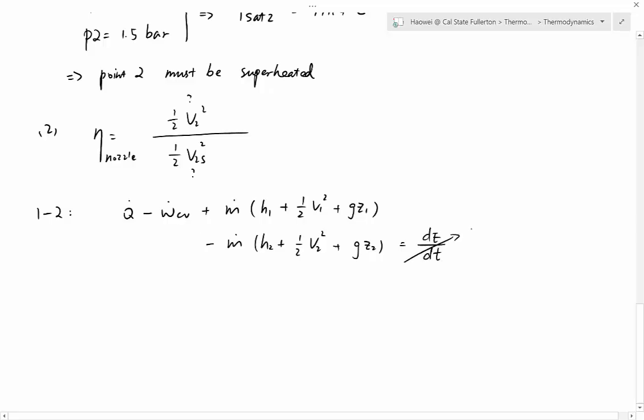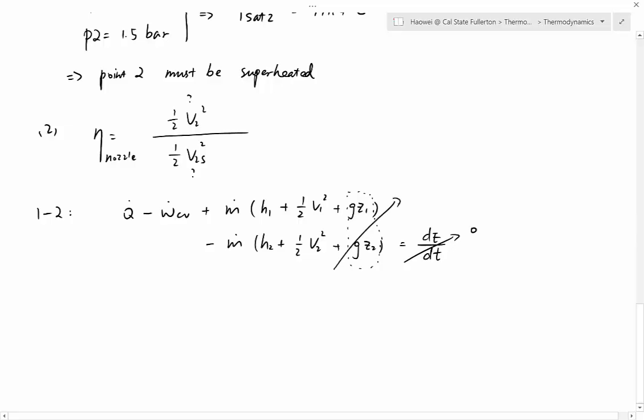Steady state, right-hand side goes to 0. And also because of steady state, there's no need for us to add a subscript to mass flow rate. And again, height does not change, so mgz1 minus mgz2, they cancel.